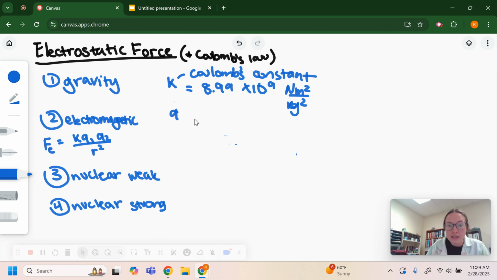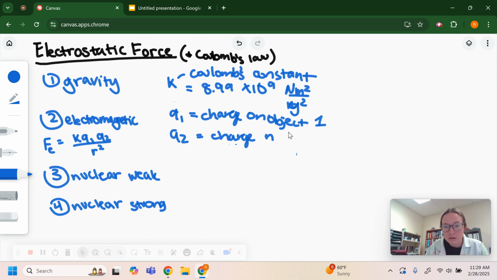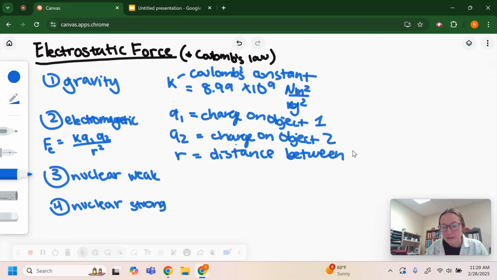Q1 is the charge on the first object. Q2 is the charge on the second object. And r is the distance between the objects.